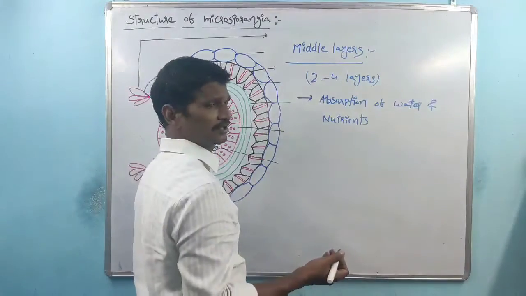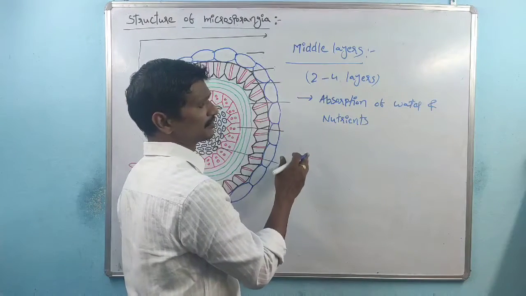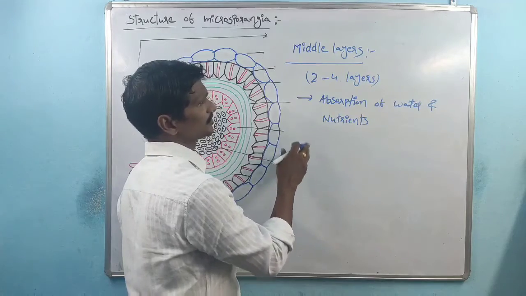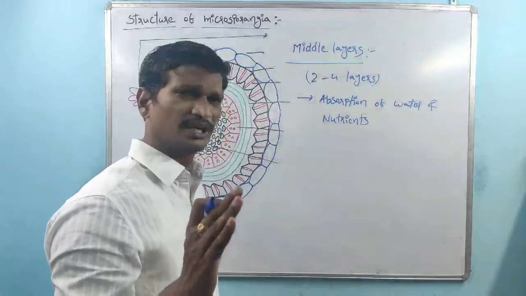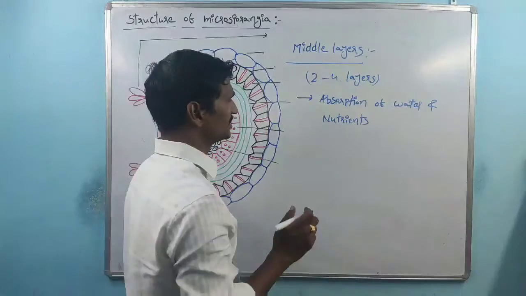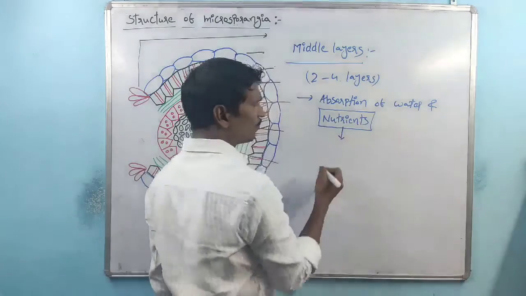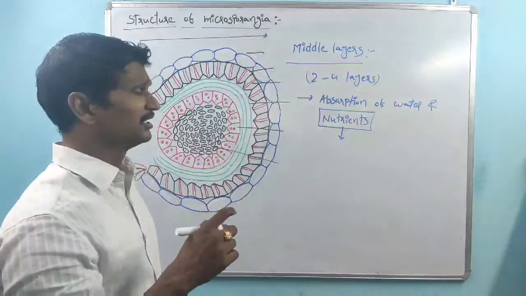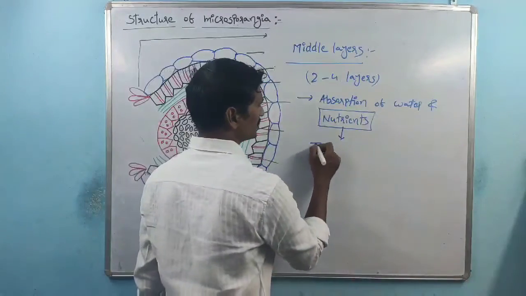So after absorption, what about the nutrients? What will the middle layers do with the nutrients? Actually, the middle layers support the absorption of water and nutrients. After the absorption process, the middle layers again are involved in the supply of nutrients to tapetum cells.